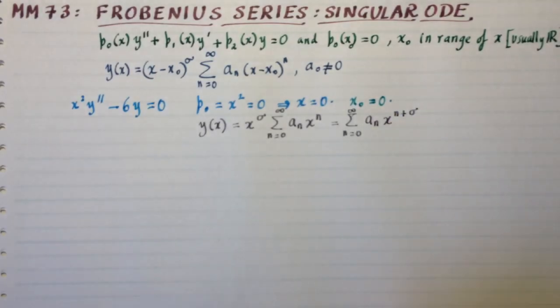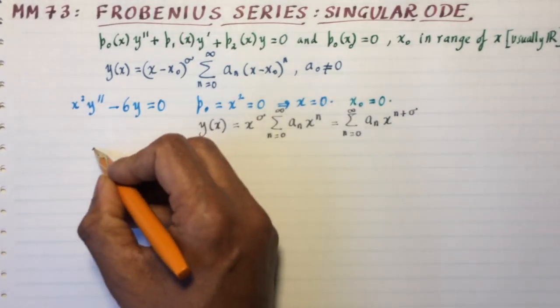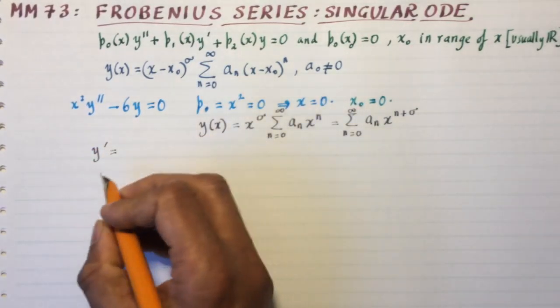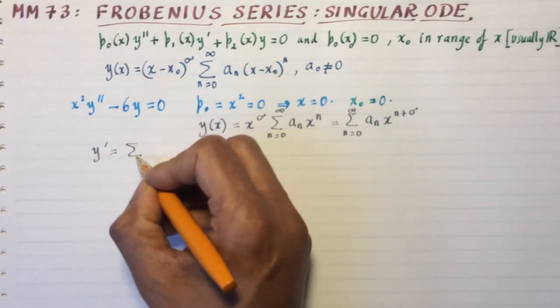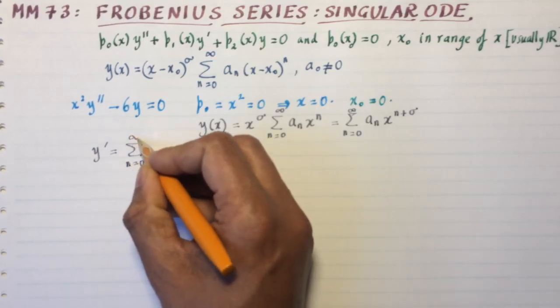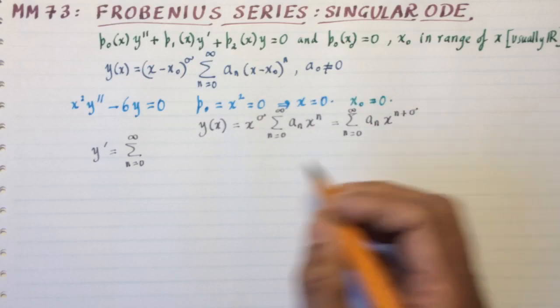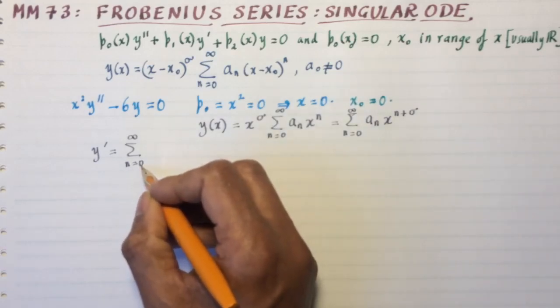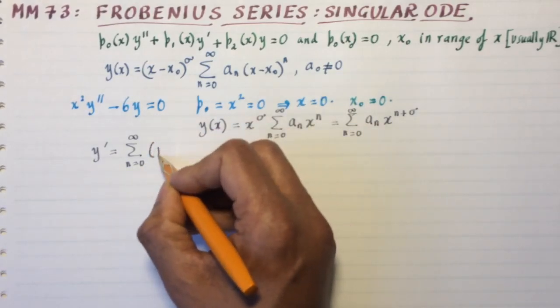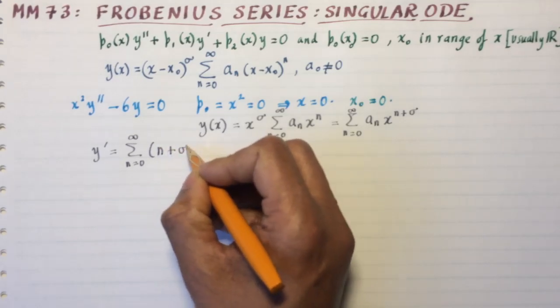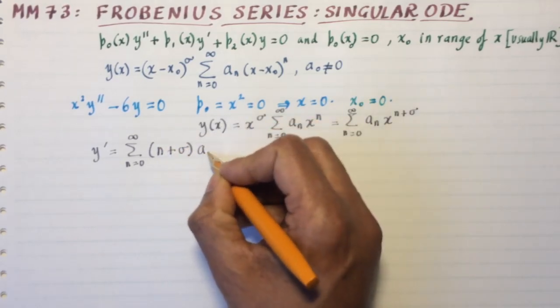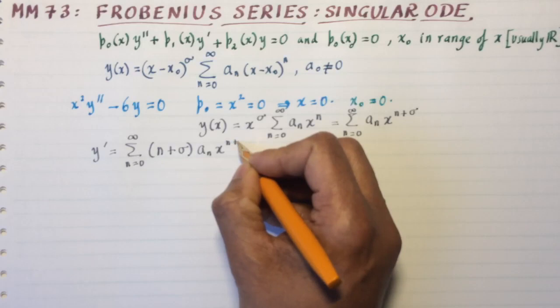Now you proceed exactly as you did for the regular series method. So y prime is going to be the sum from n equals 0 to infinity. Observe, I don't shift the summation index because sigma is no longer 0. I don't have to worry about shifting it to n equals 1. I keep it as n equals 0 itself. (n plus sigma) a_n x to the n plus sigma minus 1.